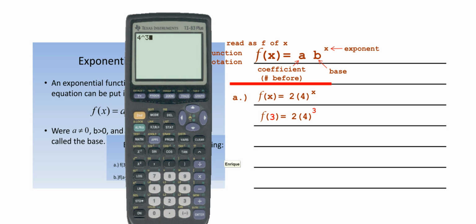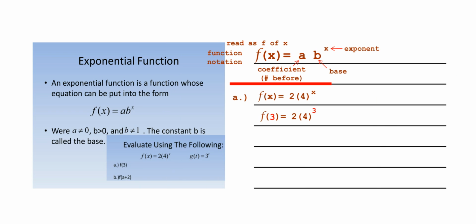So 4 to the third, there we go. Hit enter. On a TI-84, if you want to add more, such as plus 2 times something, you have to push the right arrow to make it come down from the exponent. On a TI-83 you don't, you just continue typing. So hit enter, and now it gives you 64. In this case, 4 to the third gives us 64.